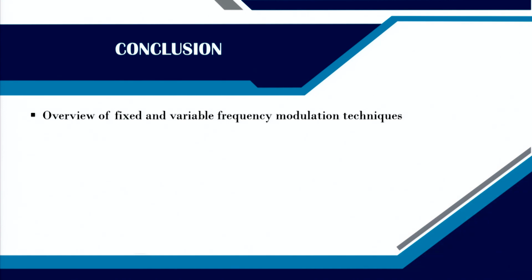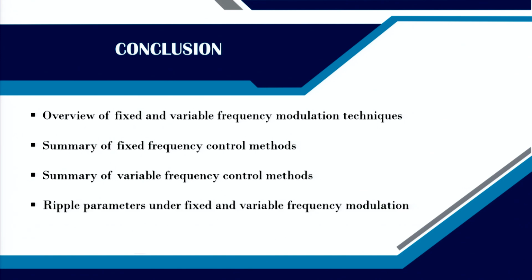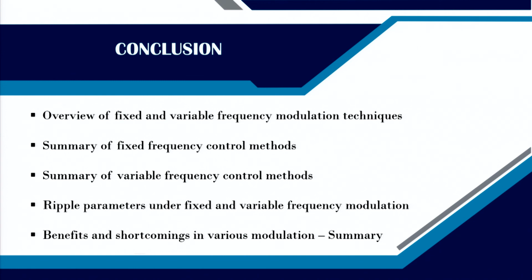So, in summary, we have discussed the overview of fixed frequency and variable frequency modulation techniques. Then we have summarized the fixed frequency control method, we have summarized the variable frequency control method, we have discussed ripple parameters under fixed and variable frequency modulation, and we have discussed benefits and shortcomings in various modulation techniques, but these are still under analog control.